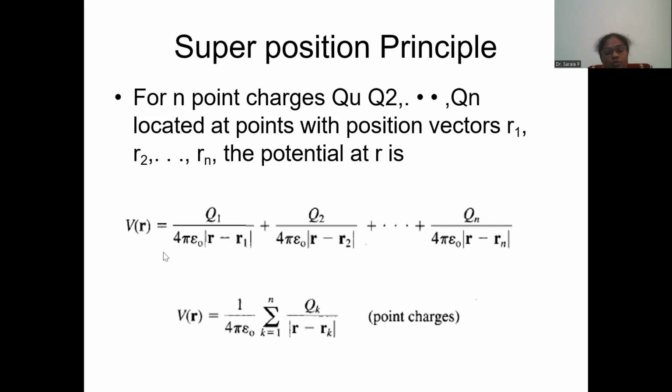So we have the Q1 charge at R minus R1, the Q2 charge at R minus R2, and so on, up to the Qn charge. So the potential is 1 by 4 pi epsilon naught, sum over k equal to 1 to n of Qk over the magnitude of R minus Rk. The total potential due to n point charges is calculated as the sum by using the superposition principle.